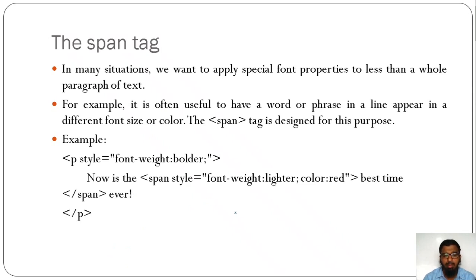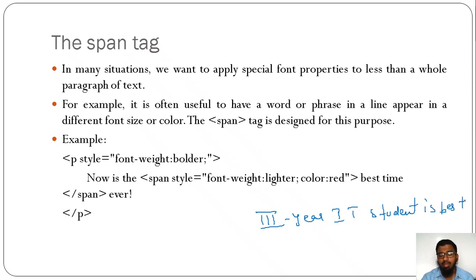For example, if I want to highlight something from the content, like: third year IT student is good, is best. So I want to highlight this word best in a different color.